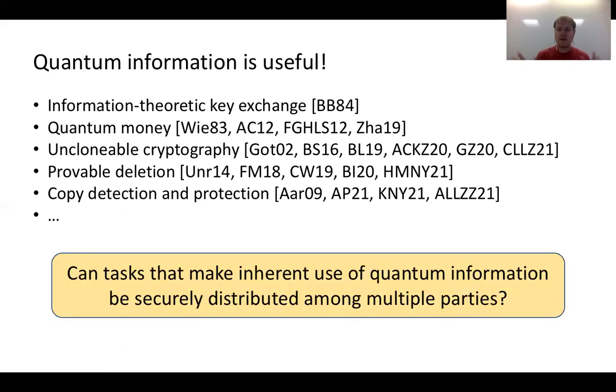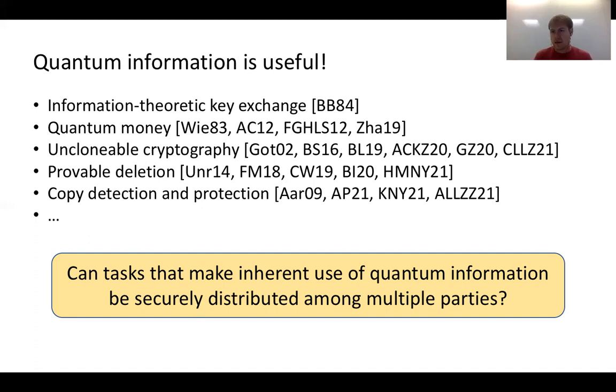So a pretty natural question to ask is whether these cryptographic tasks that make inherent use of quantum information can be securely distributed among multiple parties, okay? As a concrete example, maybe you have a quantum money scheme, where the banknote generation procedure is, of course, quantum, but now you might want to distribute this generation procedure so there isn't a single entity that is just able to generate banknotes, right?